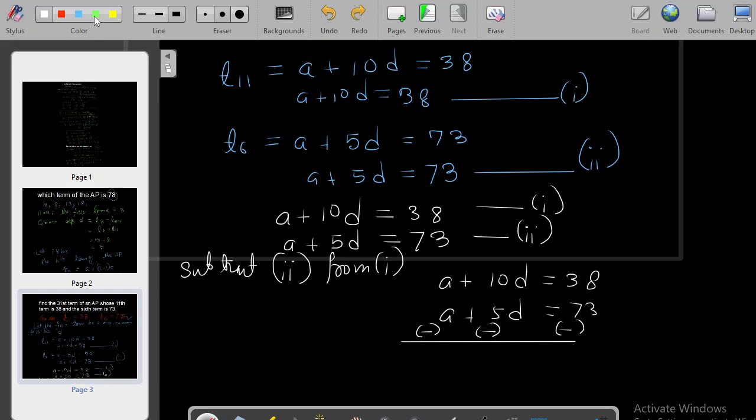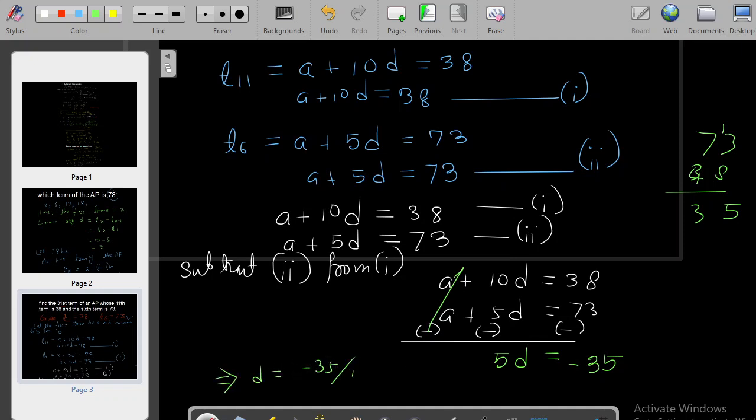Now this remains as 5D, and on the right side it is 38 minus 73. That will be minus 35. So this gives us D equals minus 35 by 5 equals minus 7.